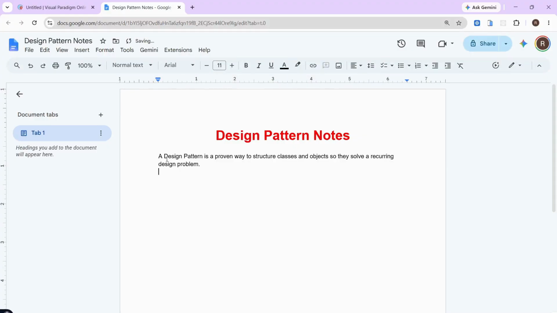Hang on, do not run. Give yourself the time. This is the definition of what exactly a design pattern is.